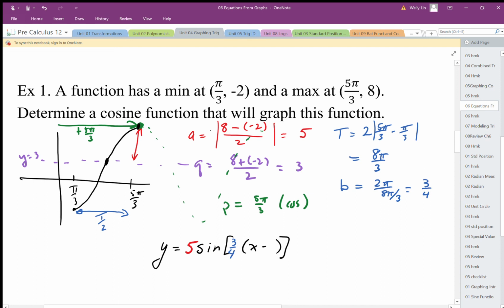The horizontal shift was for cosine, so we use a cosine, so I better change that. The p value for cosine was 5 pi over 3. I forgot that we're using cosine, which is what we want to use. So this is going to be cosine. And then the last component is our vertical shift. Our vertical shift, the middle line, is plus 3. So there it is. There's our y equals function for this.